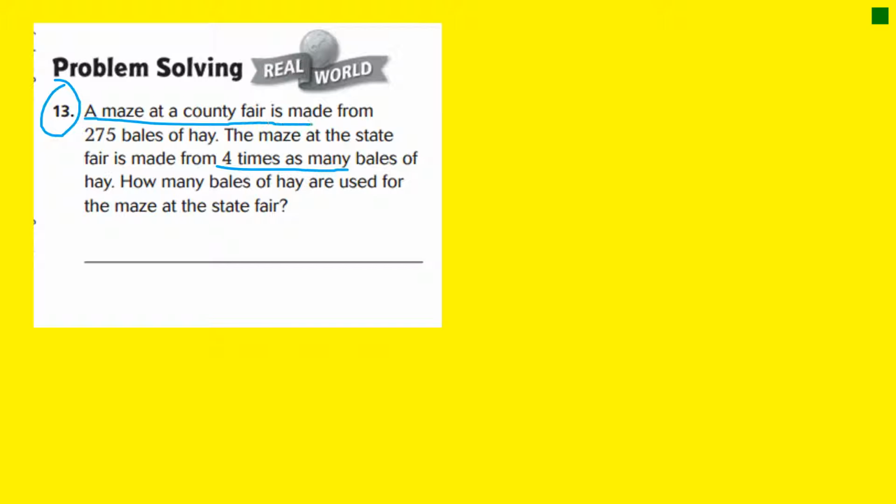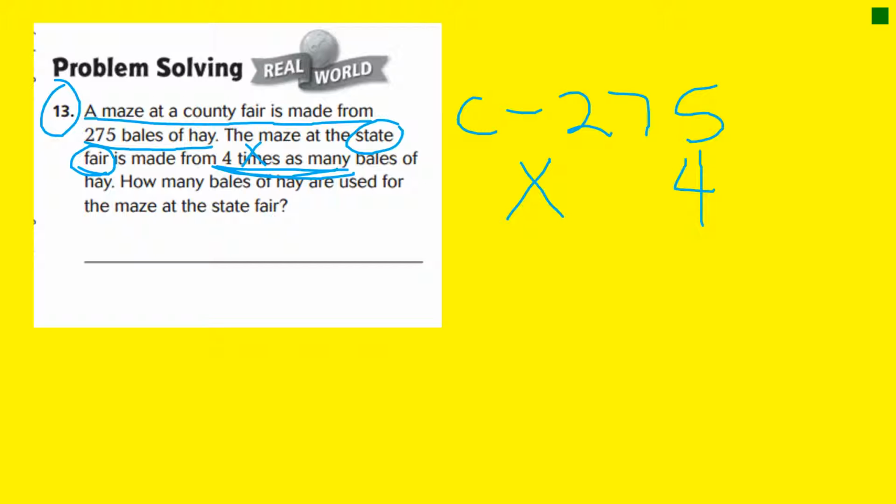A maize at the county fair has 275 bales of hay. So the county fair has 275. The state fair is much bigger than a county fair, has 4 times as many. 4 times as many, or 4 times more.